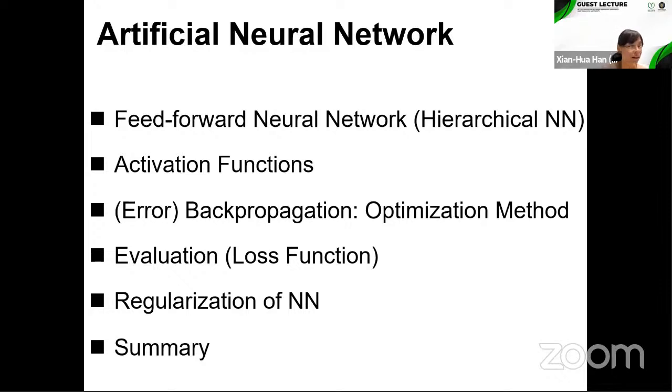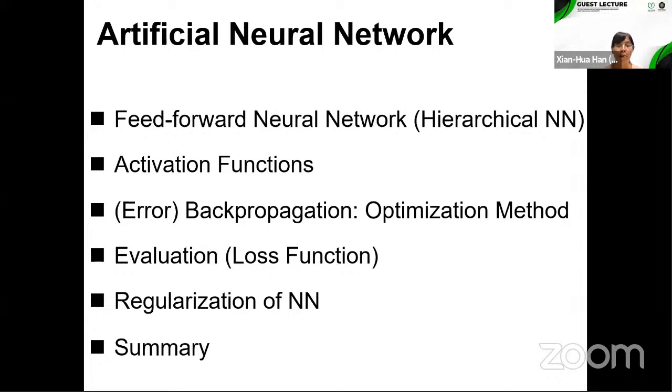For the artificial neural network, we first introduce the feed-forward neural network. This is a hierarchical neural network. Then we introduce the activation function. This is a nonlinear function. So how do we optimize the neural network model?